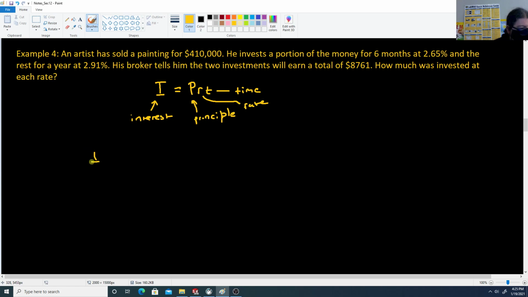So we'll say interest from account 1 plus the interest from account 2 is going to equal the total amount of interest that we have. So we're going to call P the amount in the 6-month account.